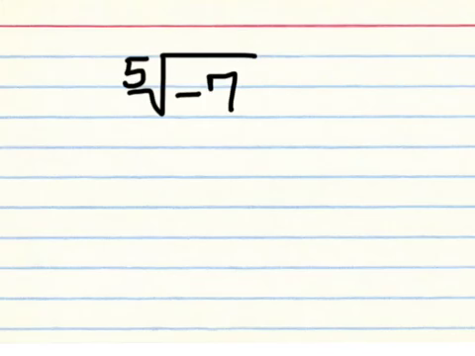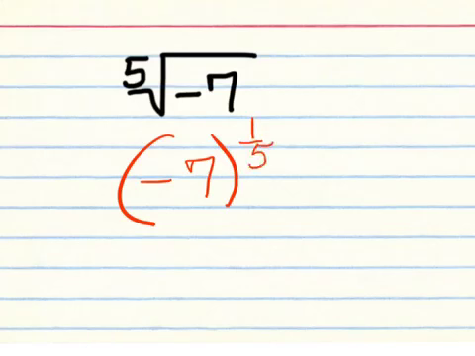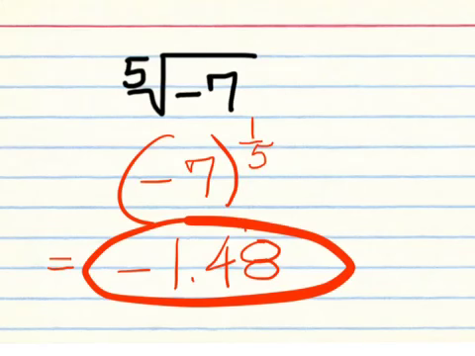One more example. On this one you have a negative 7. So that's the same thing as saying a negative 7 to the 1/5 power. If you type in negative 7 to the 1/5 power on your calculator, you should come back with a negative 1.48 if you round to the hundredths place.